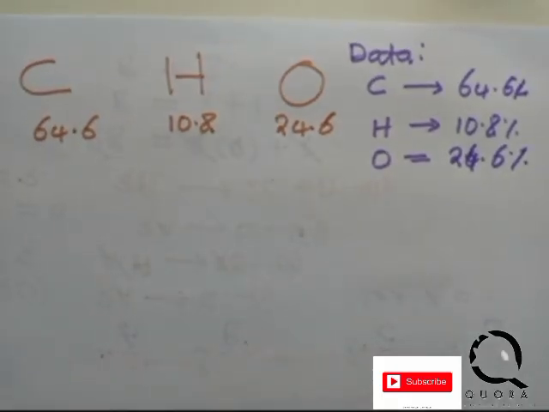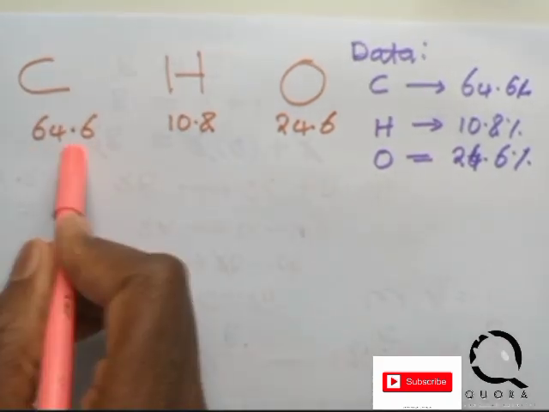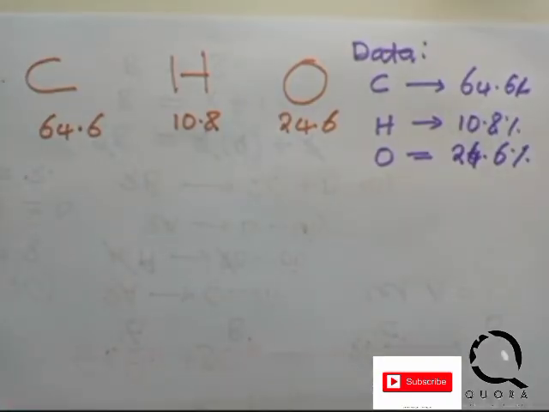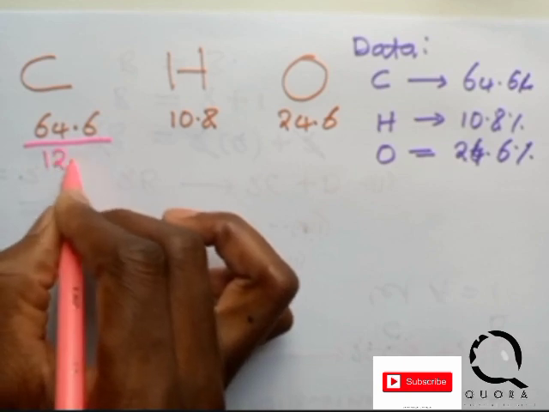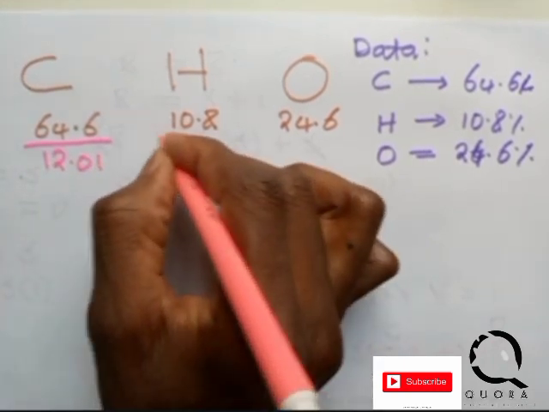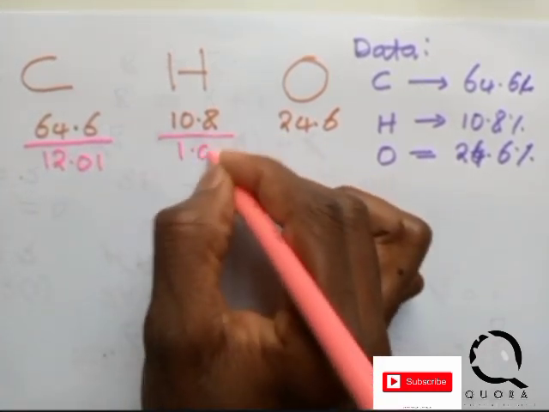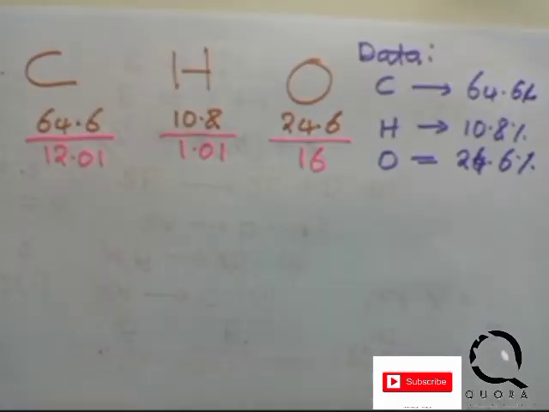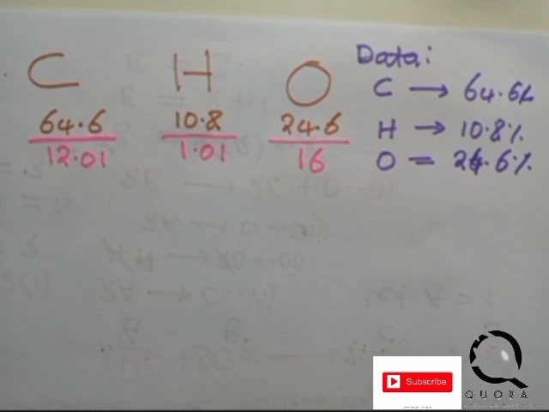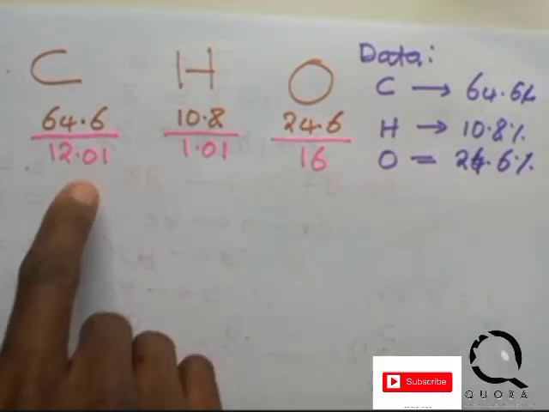Right? So I'm going to divide. The first division is that I'll divide every element by its respective molar mass. For this one, I'll divide it by 12.01. That one, I'll divide it by 1.01. And finally, this has to be divided by 16. Okay, so I'll start from here.